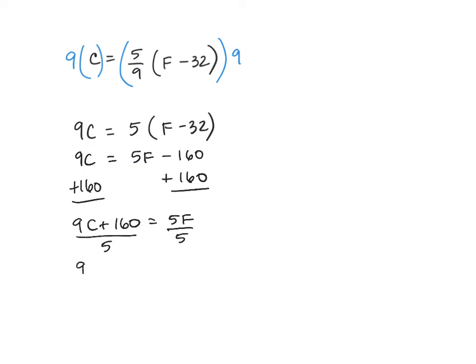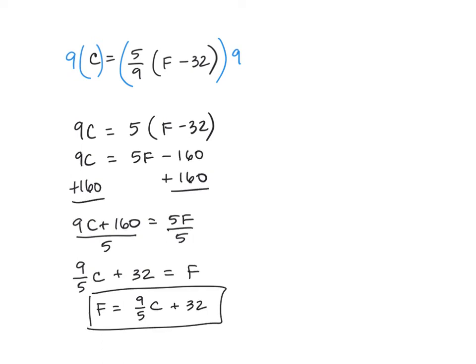So now we've got 9/5 times c plus, and then 160 divided by 5 is 32. And that will give us f. So we can rearrange this so that f is first. So f equals 9/5 times c plus 32. And this is how you calculate the degrees Fahrenheit if you're given the degrees Celsius.